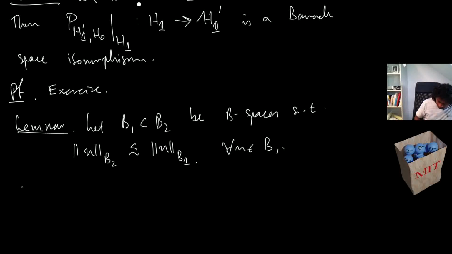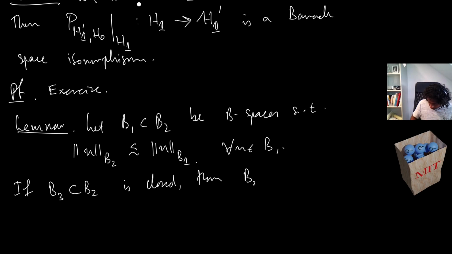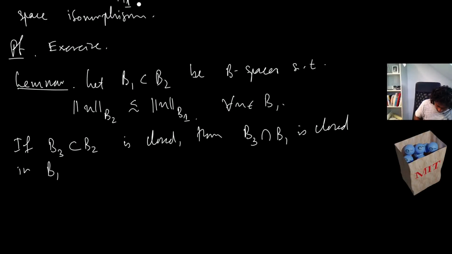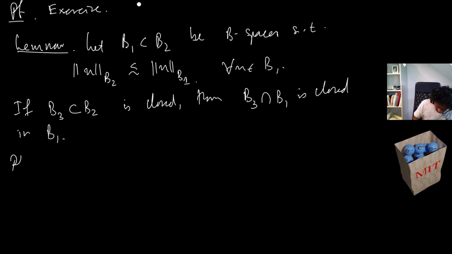Okay, so if now B3 is a subspace of B2 that is closed, then B3 intersect B1 is closed in B1. Okay, so I'll also leave this as an exercise because it's straightforward, but it's an enormously useful lemma, actually.